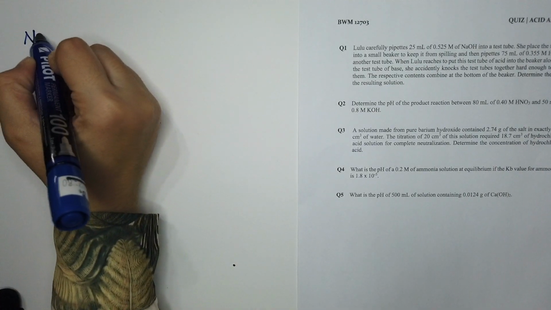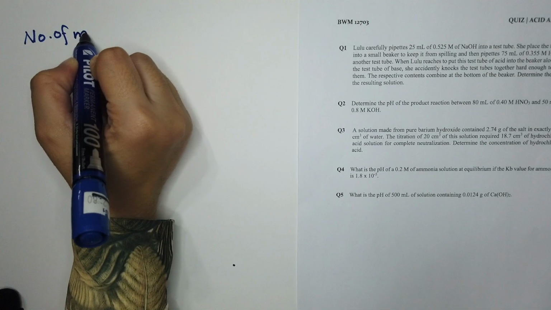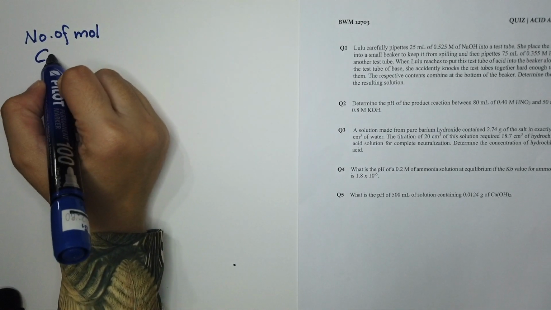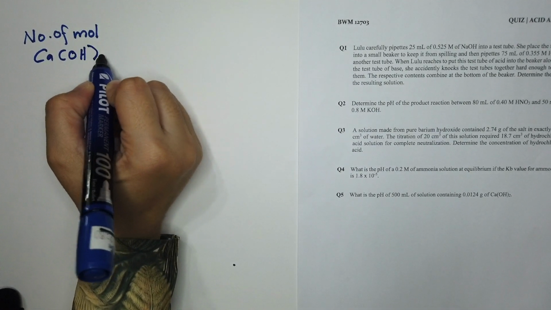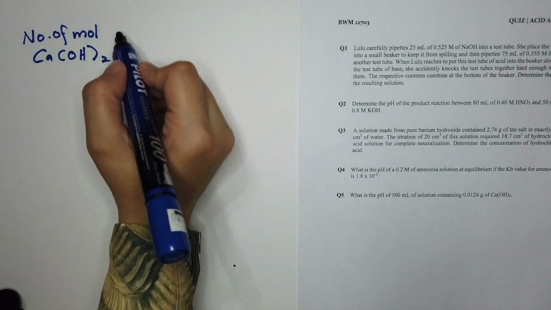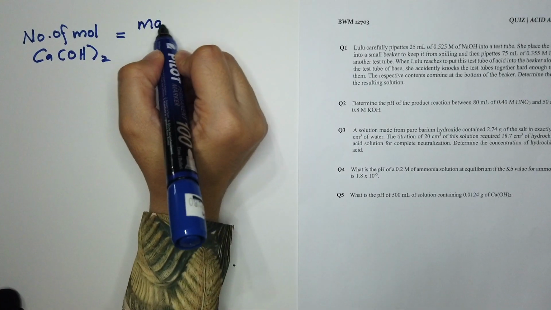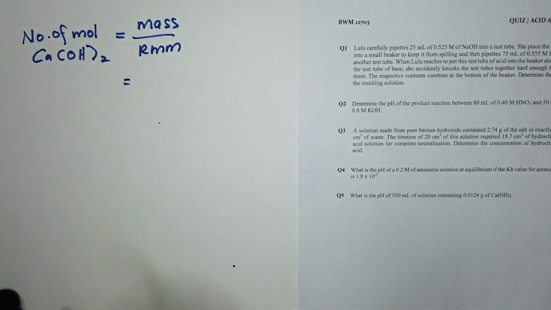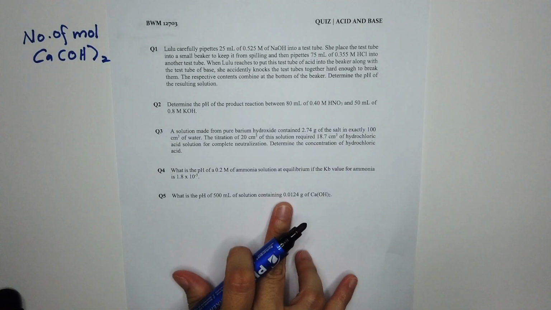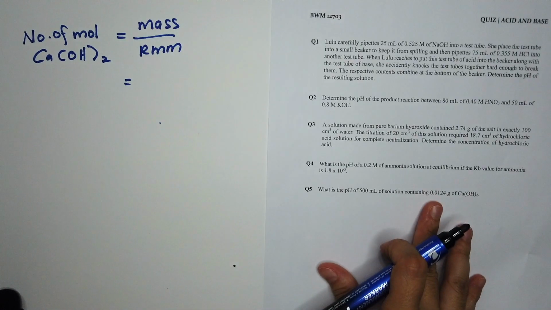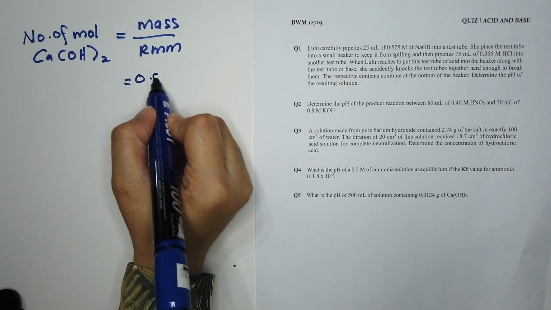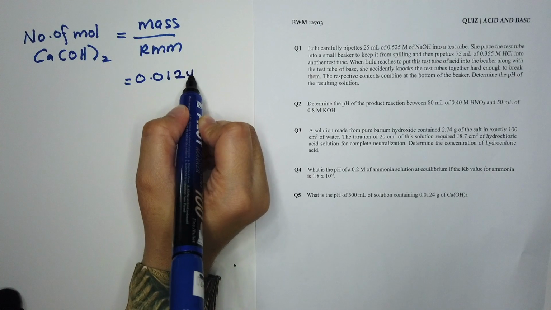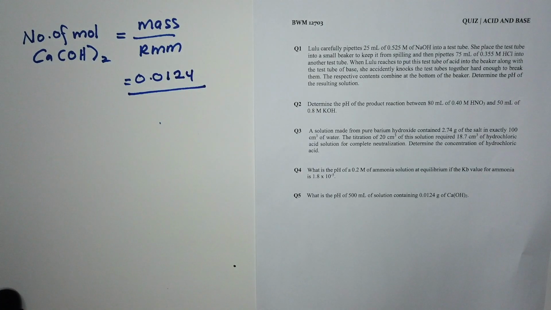So number of mole for CaOH2 is equivalent to mass over RMM. Your mass given in the question is 0.0124, so 0.0124 divided by the RMM.